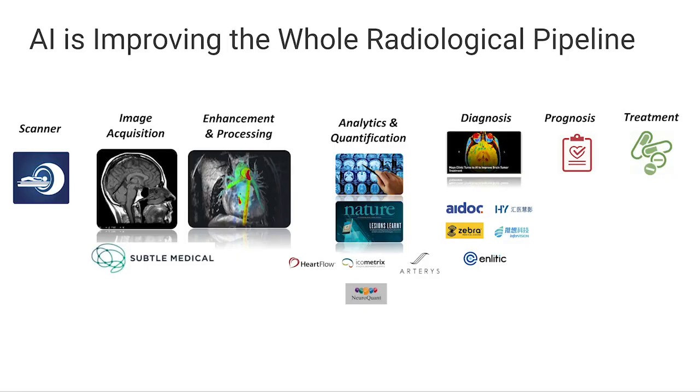So what we're seeing right now is that AI is being applied to almost the entire process of radiology. For example, a common task for radiologists or technologists or any practitioner in this process involves the image acquisition and sometimes enhancement of processing, and then common tasks will be analytics, quantification, and then in the end you have diagnostics, and after diagnostics you go to treatment and a bunch of other stuff that you have to do.